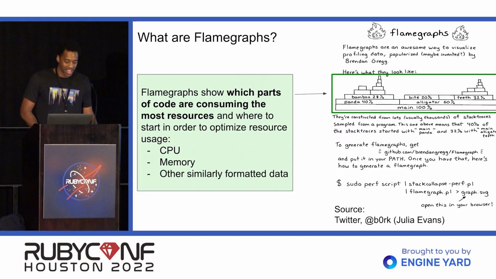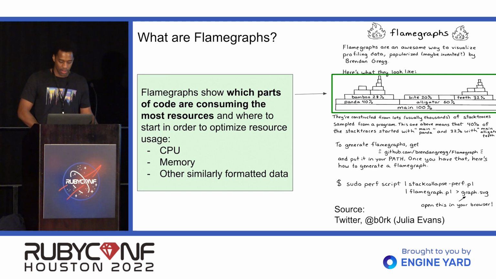So there is no better place to start when talking about Flamegraphs than an illustration by Julia Evans, who is, as many of you know, pretty popular in the Ruby community. This is an illustration she made, explaining in the abstract how Flamegraphs work.